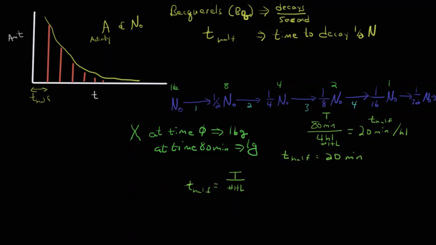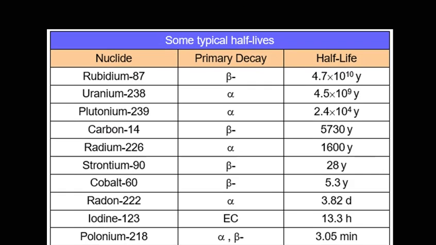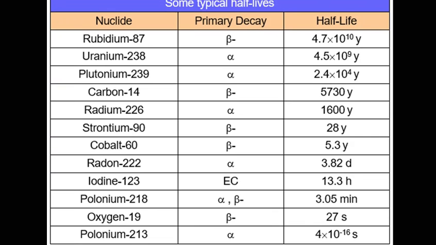Okay, so that is how to figure out the number of half-lives, what the half-lives are, and so forth. So I just want to show you this one last table. Don't worry, you don't have to know it all. I can't get the whole thing on here, but let's see if I can. There we go. This table, you don't have to know anything about this table.